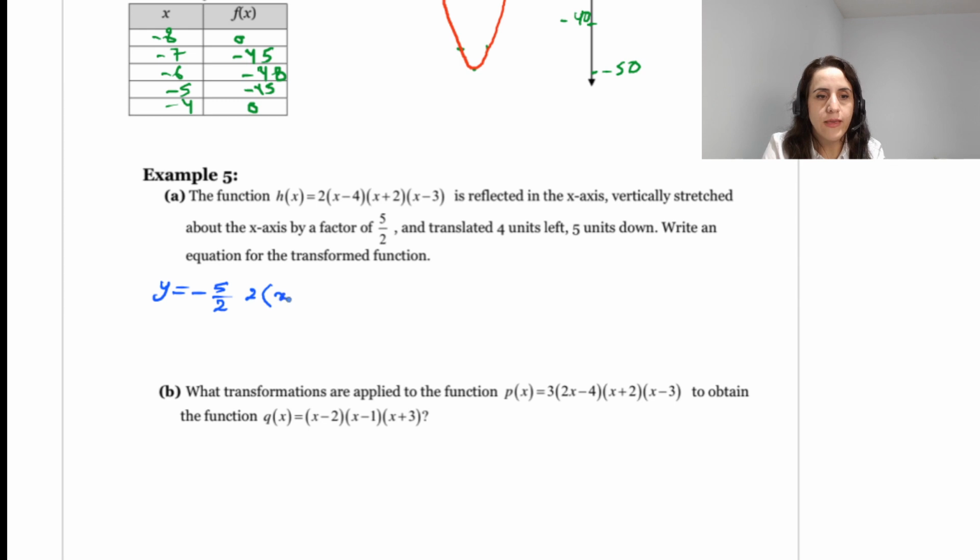Then all of the x's are taking a plus 4. Then x plus 4 minus 3.